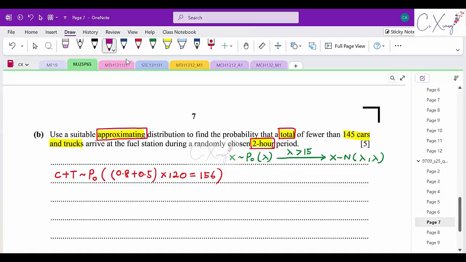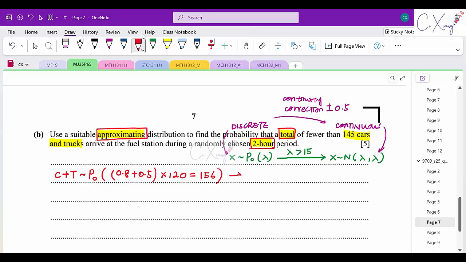Okay, then a small reminder: because Poisson is a discrete random variable, and the normal distribution is a continuous random variable, what should you do? You have to apply continuity correction. The continuity correction will be plus or minus 0.5, depending on the question. Okay, so let's start here.